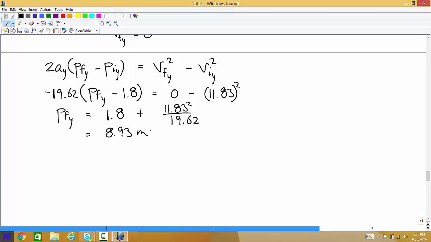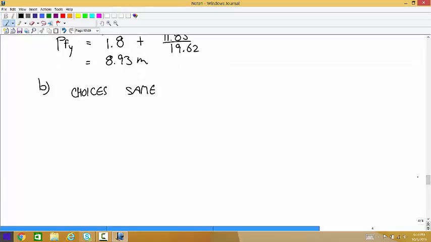And then for part B, we're looking for the x component of the position when it reaches the highest point. So we can keep all those choices we have to make the same, which means we still know all the stuff that we knew before.